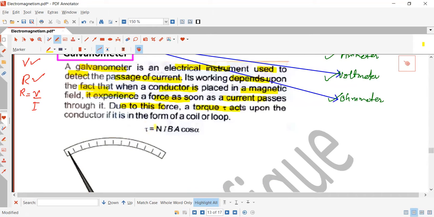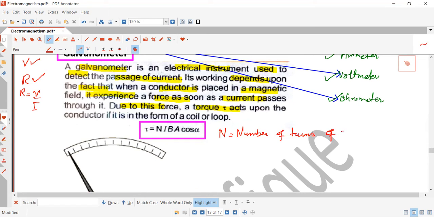So here is the formula of the torque, right, students? N is the number of turns of the coil. I is current.